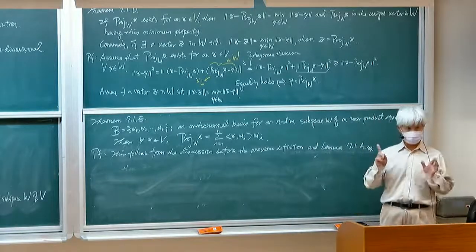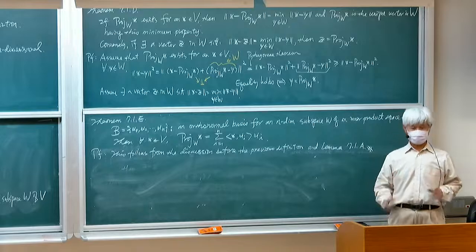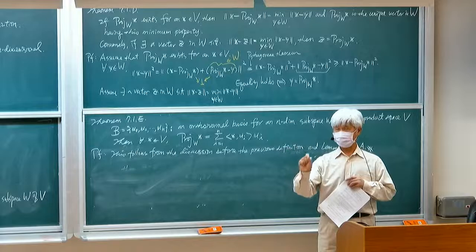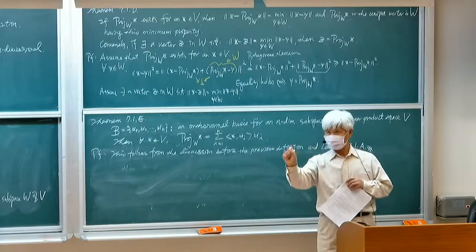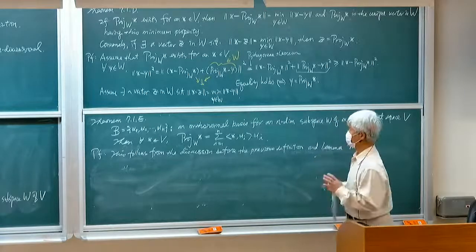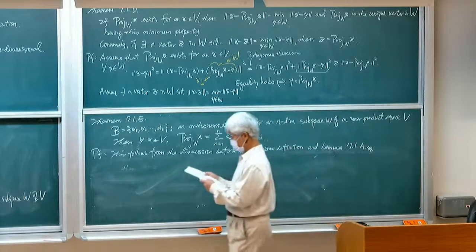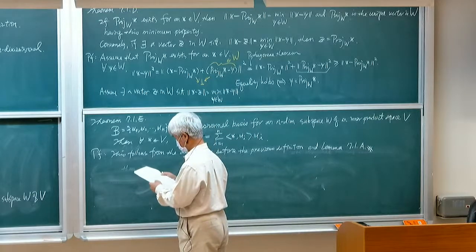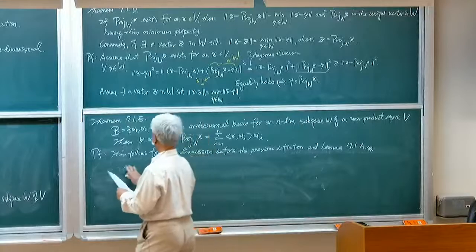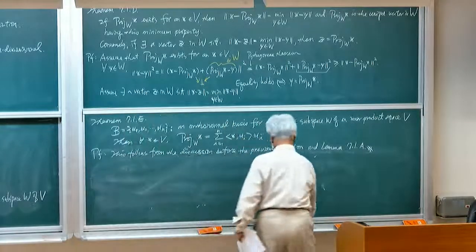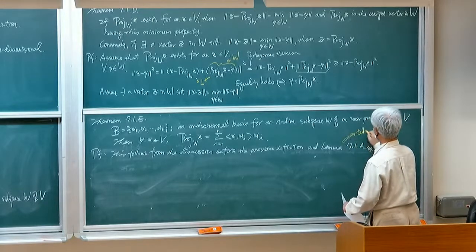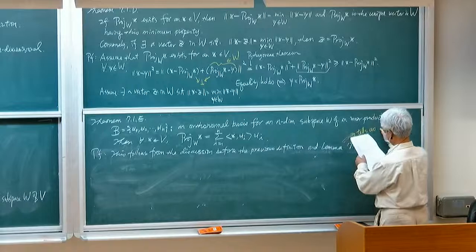Lemma 7.1.8 is very important because once you have a candidate for the orthogonal projection, that candidate is the only one. This is the only one you have.